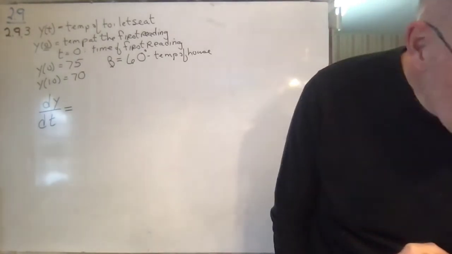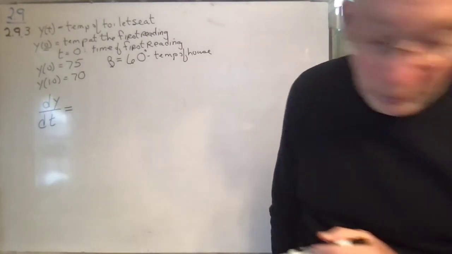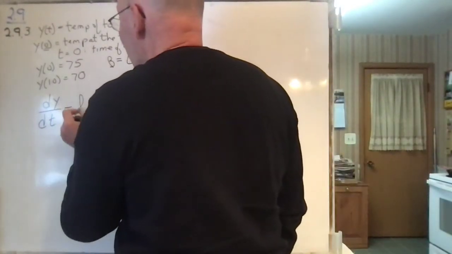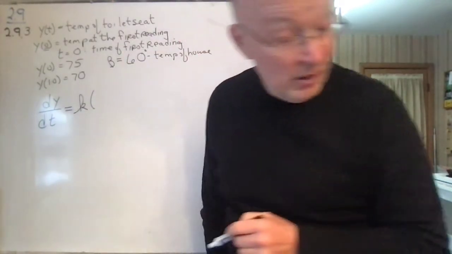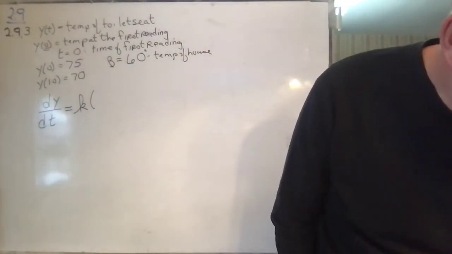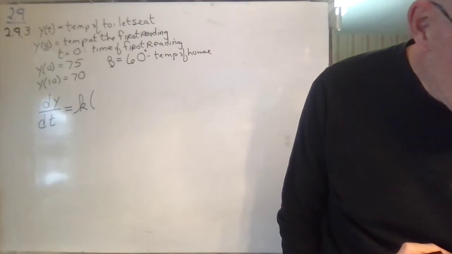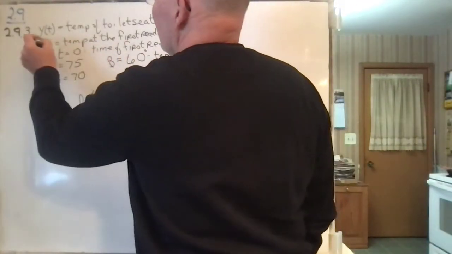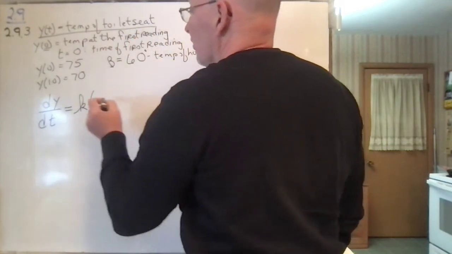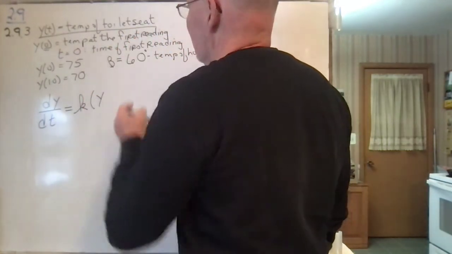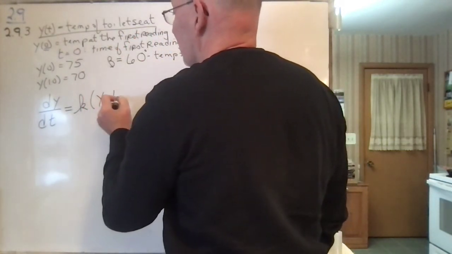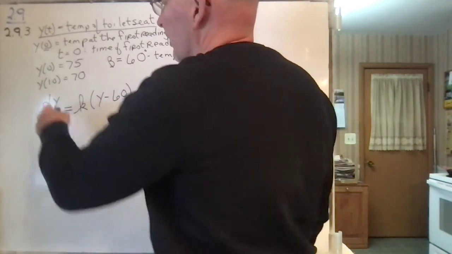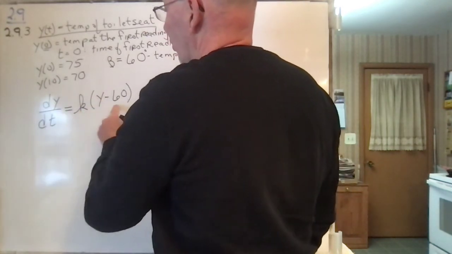The rate at which the temperature is changing is proportional, here's a proportionality constant, to what? The difference between the temperature of the seat and the air. Well, the temperature of the seat is right there. So that's just going to be y. The temperature of the air is 60. So that's the rate at which things change. It's proportional to those two temperatures.